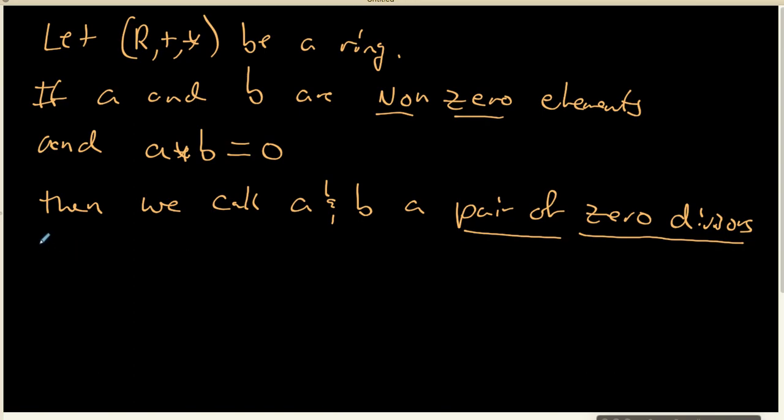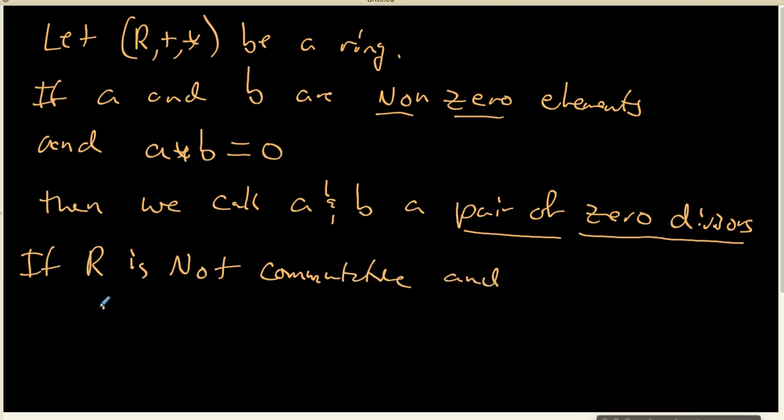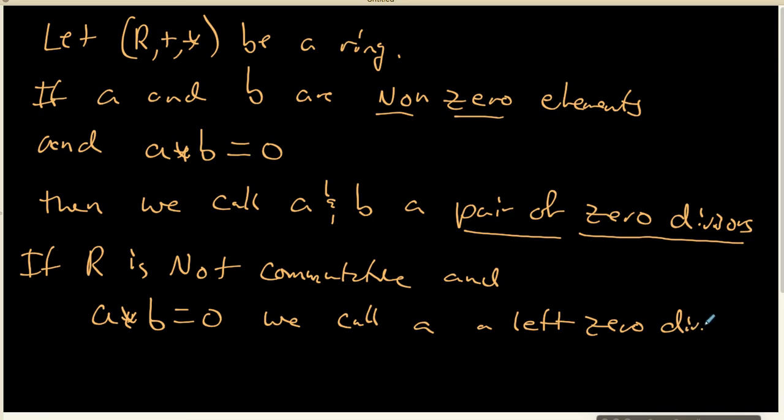If R is commutative, this next bit is not particularly important. But if R is not commutative, and we have A times B is equal to 0, we're going to call A a left zero divisor, and we're going to call B a right zero divisor, because it turns out that the multiplication is not necessarily commutative.